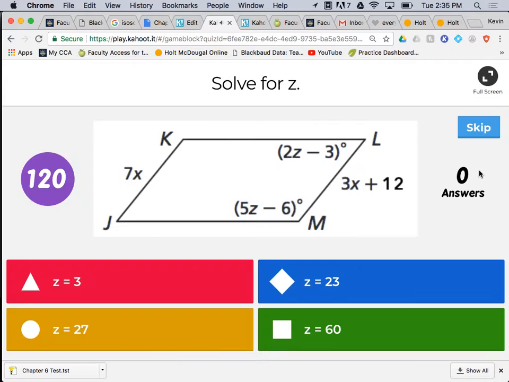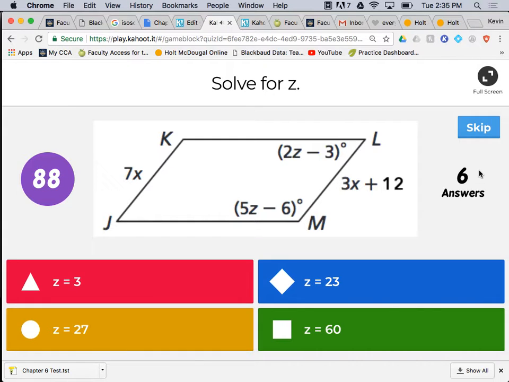We could be like, yo, geometry. Here's your best subject in the world. Solve for Z. Come on, guys. We can have a geometry section. Solve for Z. Are those two angles congruent or supplementary?